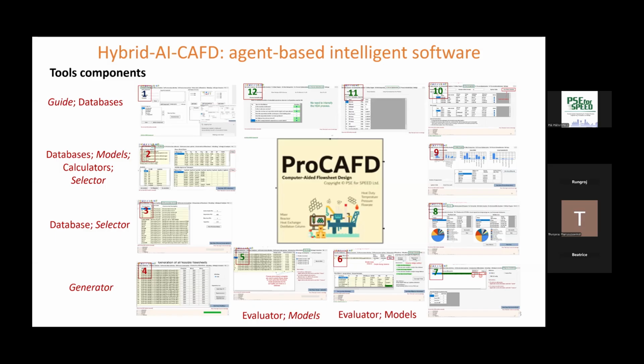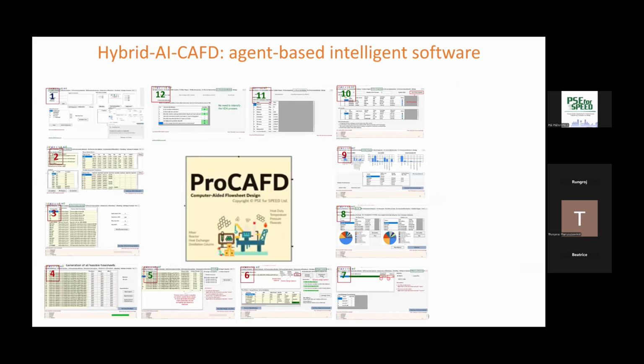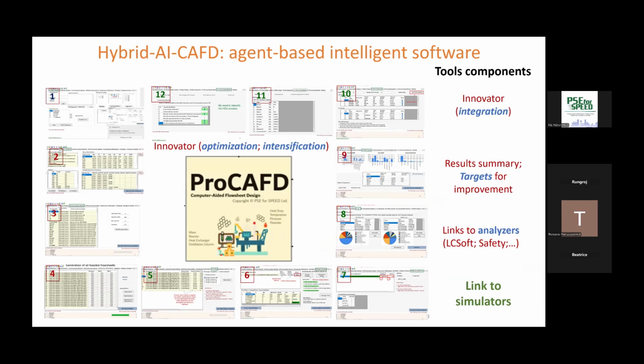We will go to the simulator. And then this is the step 7 where we need the simulator. After that, the simulation results are used to analyze like LCC, safety, cost. Then based on these, we will set the targets. And then through integration, intensification, optimization, we will find alternatives that match.